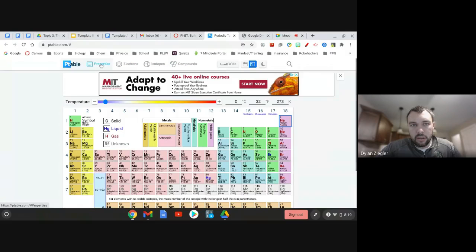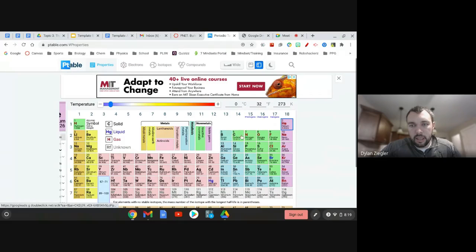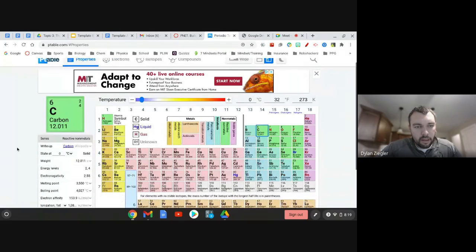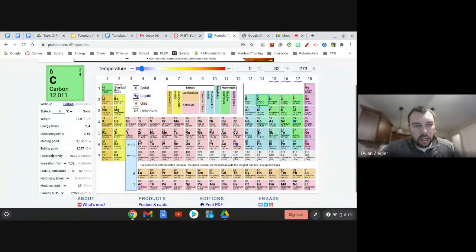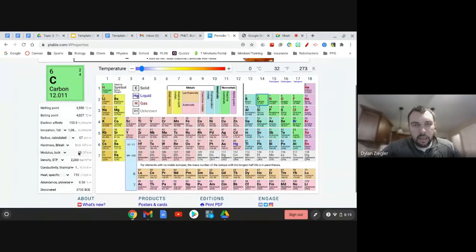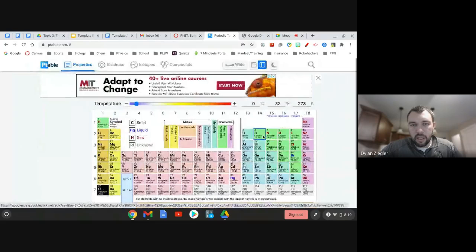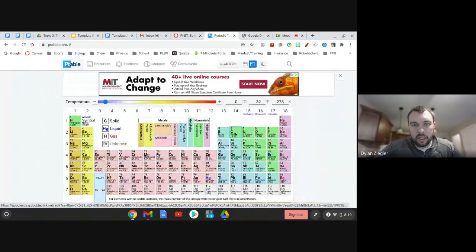Let's go properties. Here it is over to the left. Let's see. Nope, not that one. Did it pop over to the left and I clicked before? No. All right.